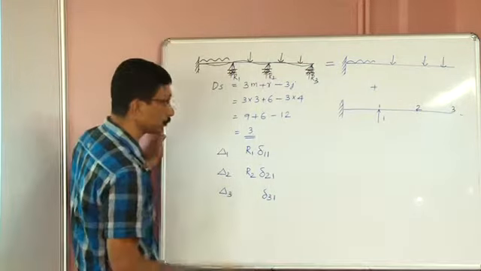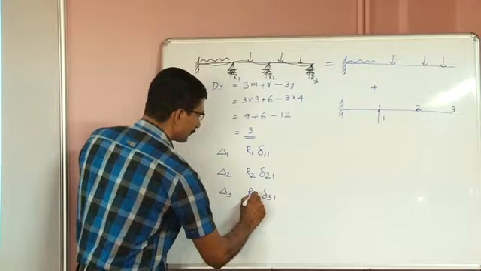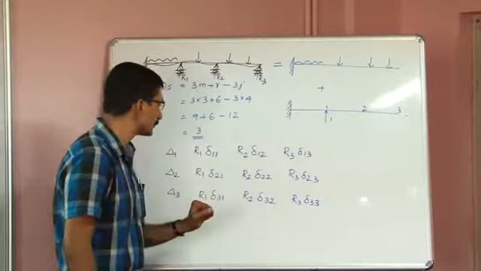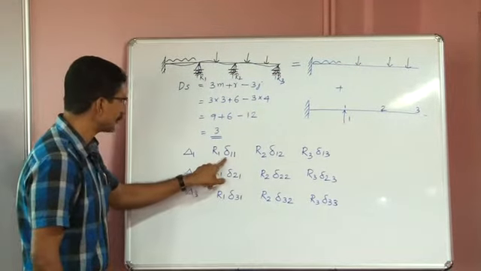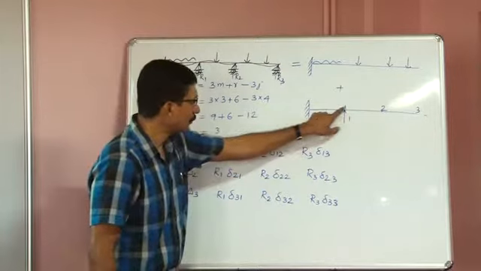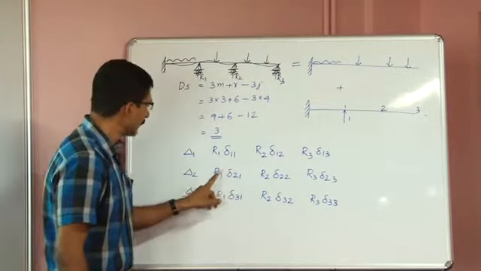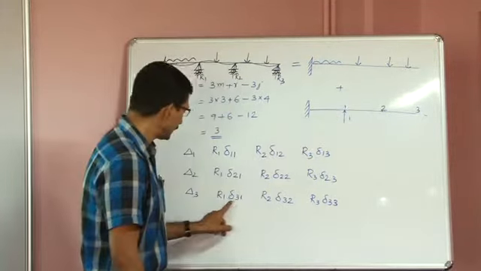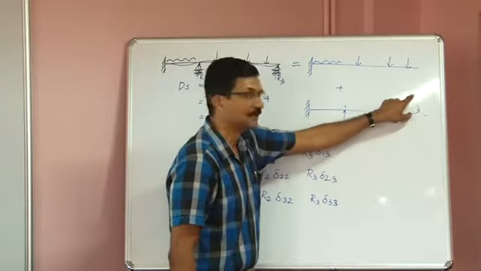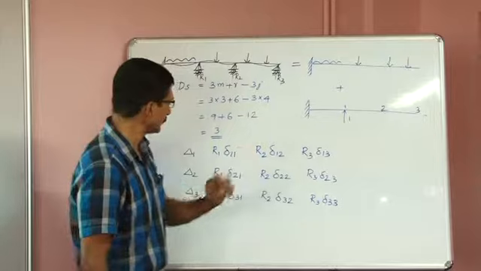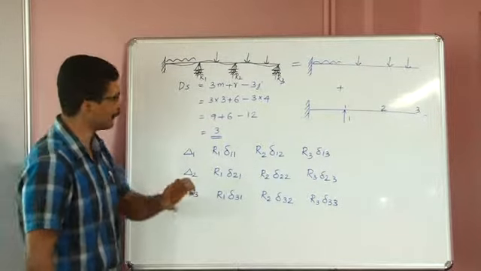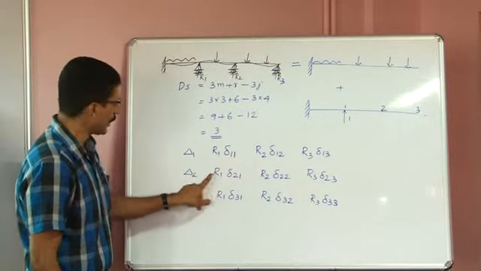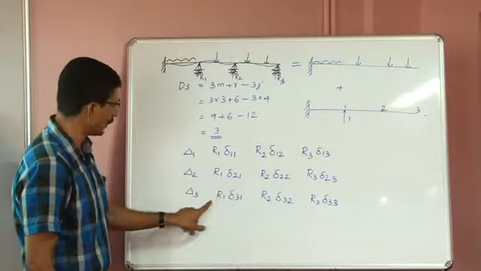So when you apply a unit force along the direction of R1, we get a deflection of delta 1 1 along this direction, delta 2 1 along this direction, and delta 3 1 along the third direction. So the total deflections due to the force R1, if you replace 1 with R1, would be R1 delta 1 1, R1 delta 2 1, and R1 delta 3 1.